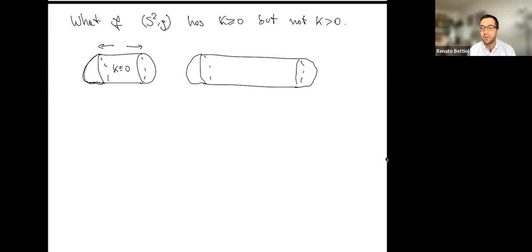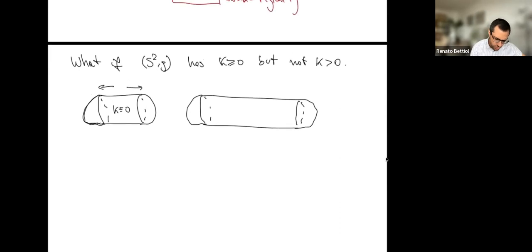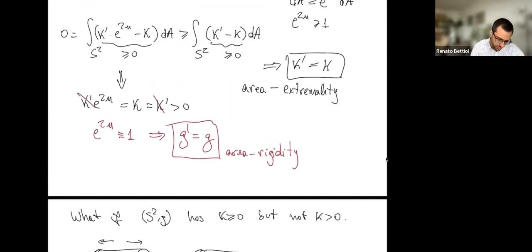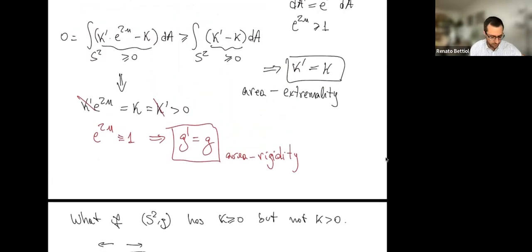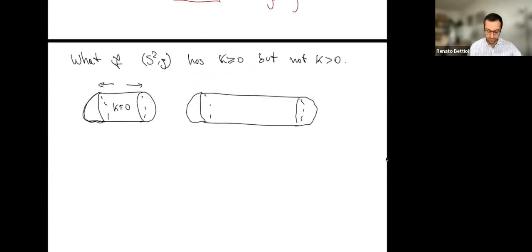The curvature is the same, but you're just building up some more area in there. And these are of course counterexamples to it. I mean, the metrics are not the same, and yet they satisfy the inequalities in the right way. So if you just have non-negative Gauss curvature, but not strictly positive, you don't get this stronger conclusion, even in the case of surfaces.